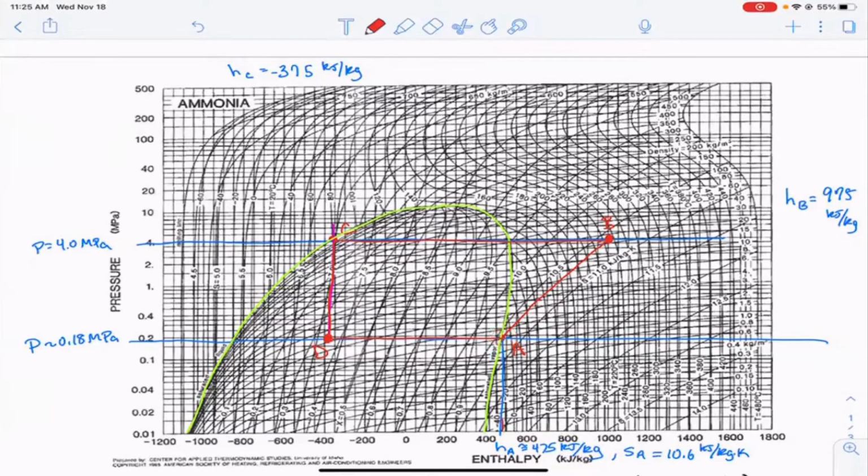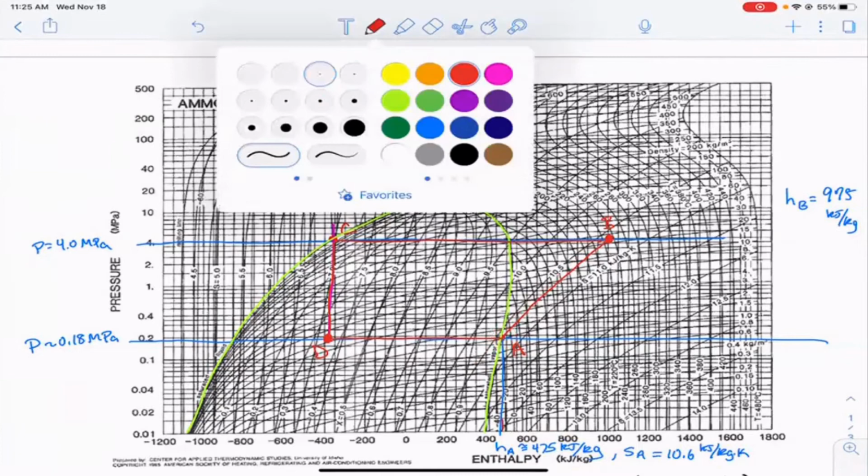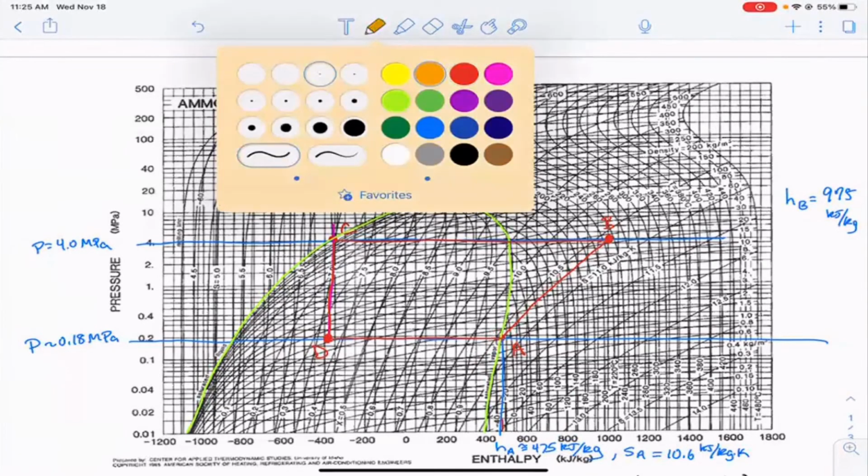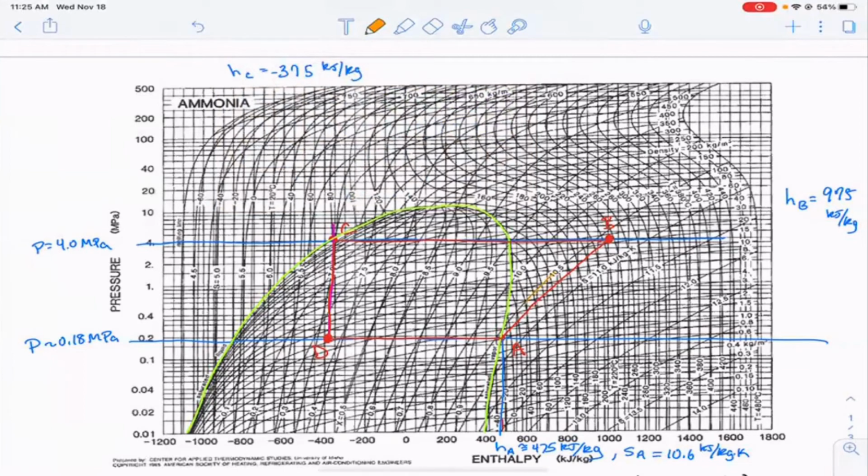And then remember, these lines of constant entropy are here. I'm going to use a different color just so I don't confuse. This is 10.5 here, and this is 11 here. And so I estimated that this was a fifth of the way, so the entropy here I estimated as 10.6.